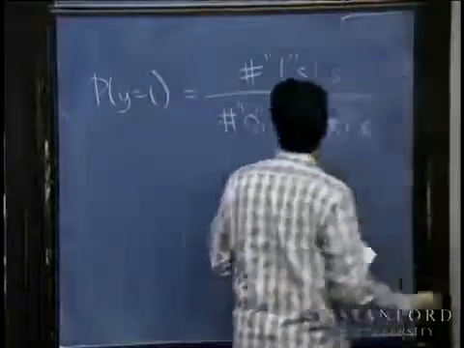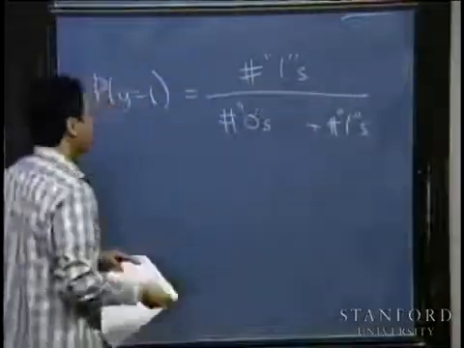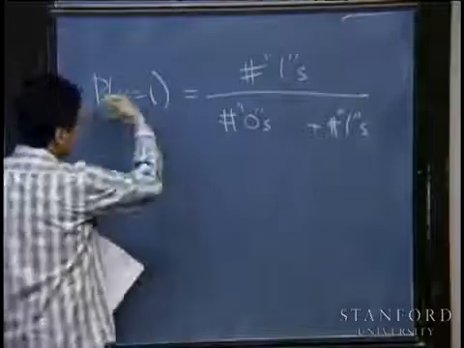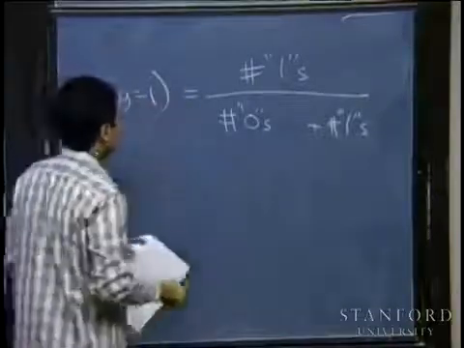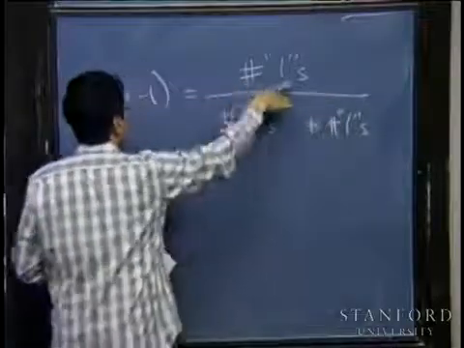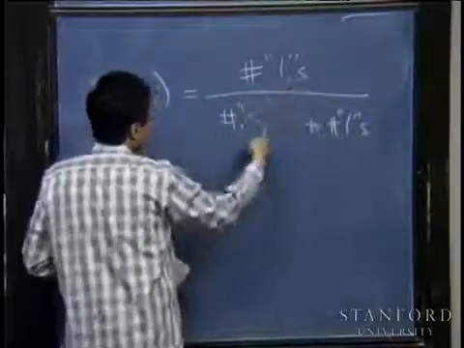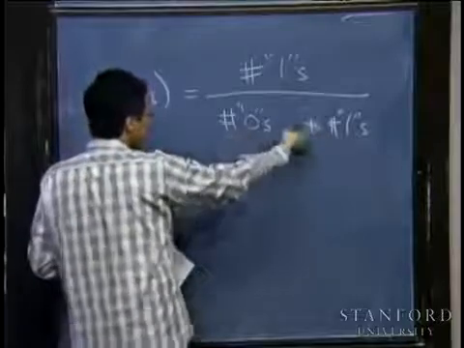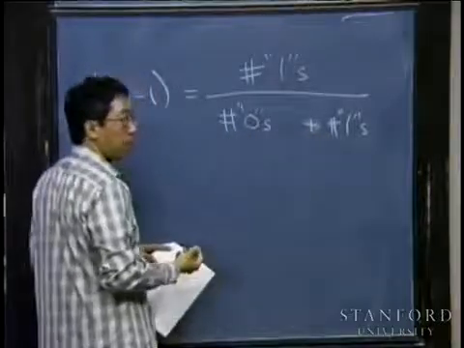I hope this informal notation makes sense. Normally, the maximum likelihood estimate for a win or loss, a Bernoulli random variable, is just the number of 1s you saw divided by the total number of examples. So it's the number of 0s you saw plus the number of 1s you saw.